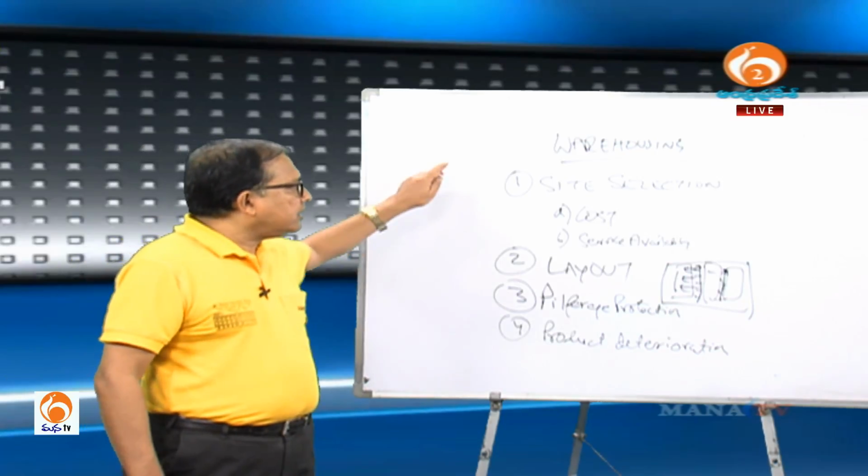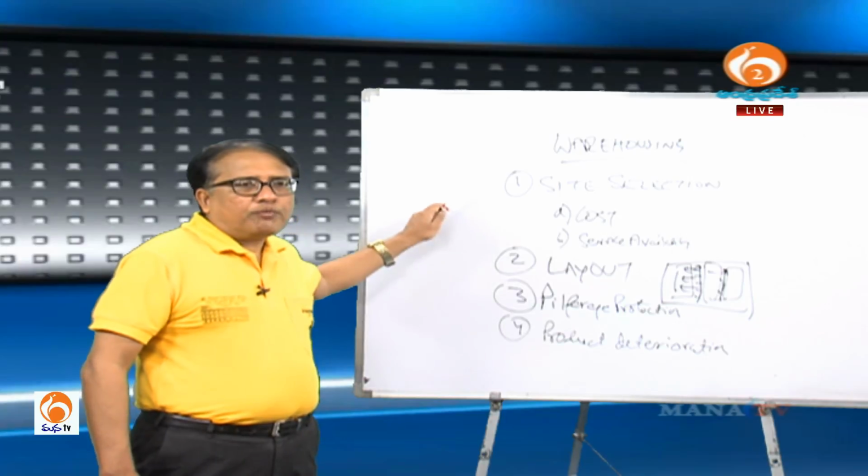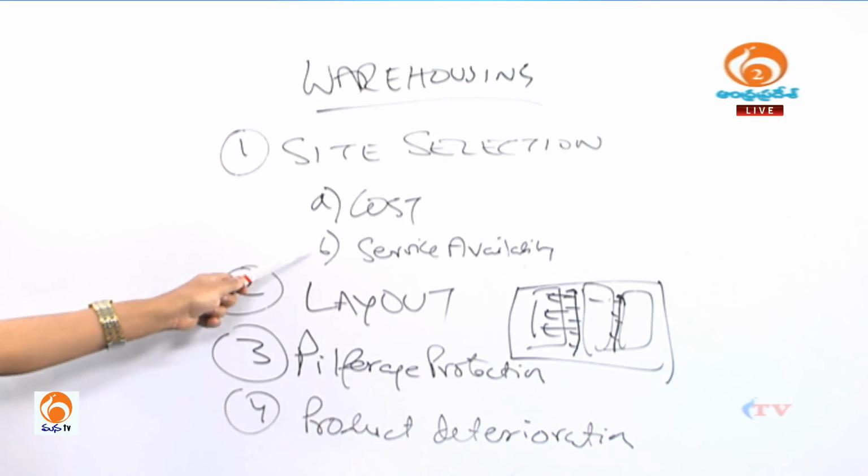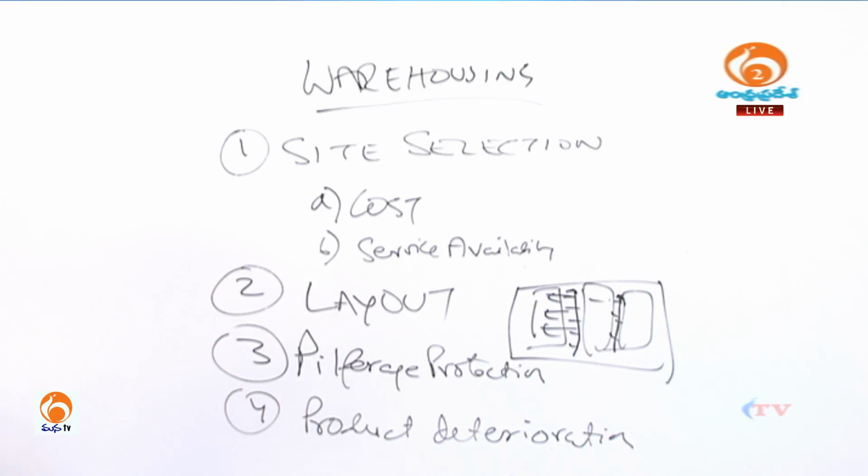You have to remember from the last section the 4 most important criteria that need to be given attention to. The site selection, which should determine the most important factors, cost and the service availability of a particular site.